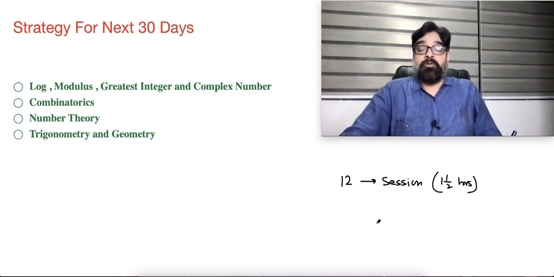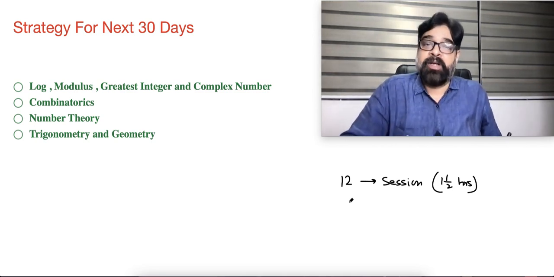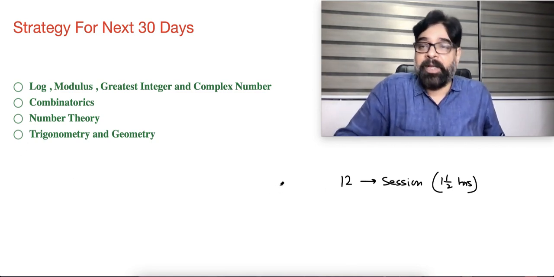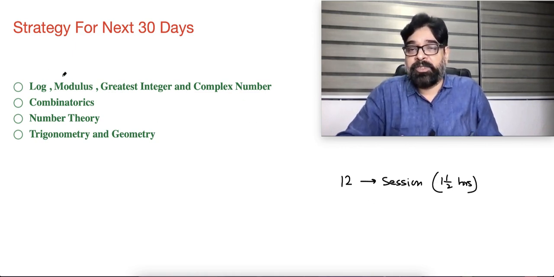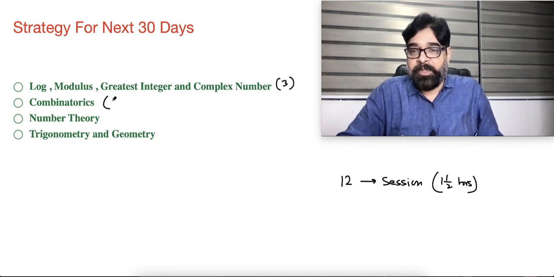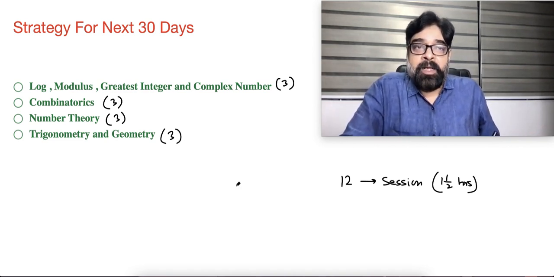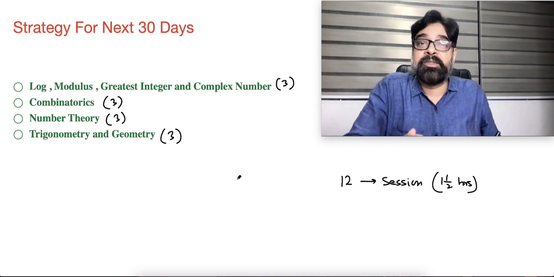Of course, there are students who already cleared the AMC, so they must have the basic fundamentals, which I break into 4 pieces. 12 sessions means each will get 3 sessions. And I can assure you that if you are a mathematics lover and you want to crack this, it will give you great help.